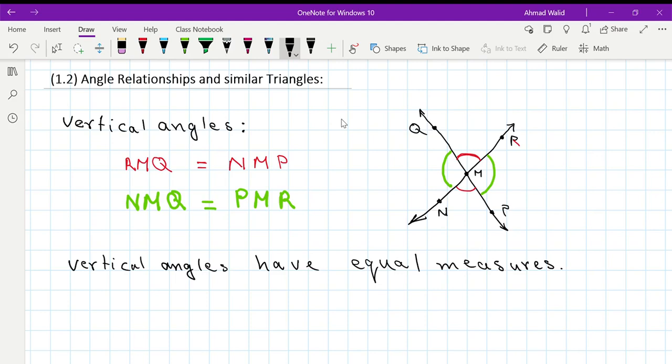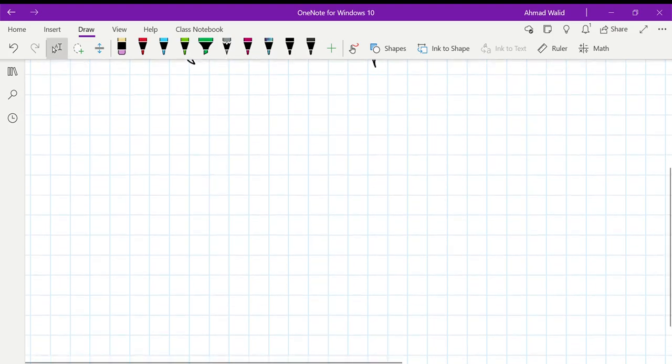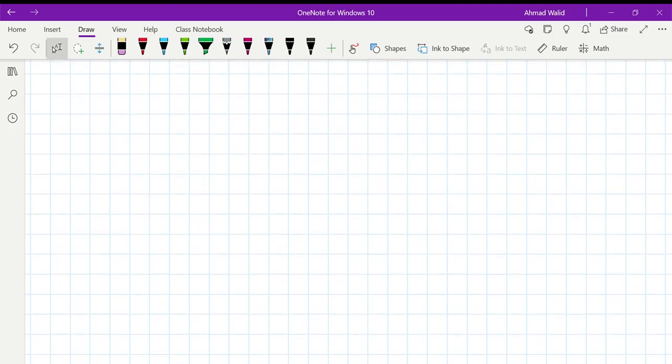Correct? Now, let's see if I have two parallel lines. Let's write first here parallel lines. If I have two parallel lines, I'll try to draw really good two parallel lines.